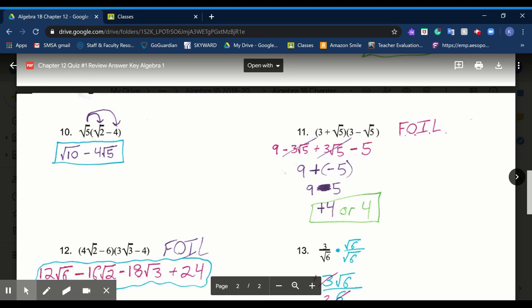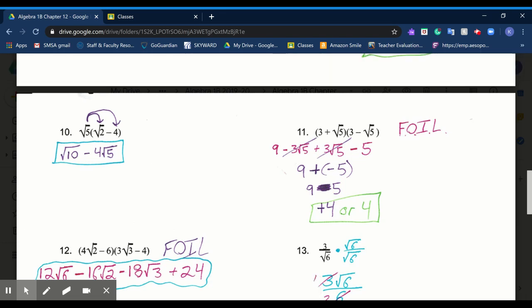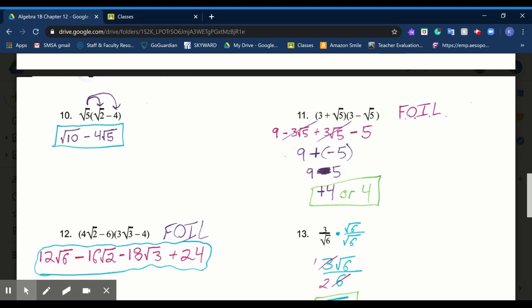So in this case, the FOIL, first, outer, inner, last, you'll see that the 2 middle terms cancel. So this problem becomes 9 plus the -5, or 9 minus 5, which gives us a final answer of a positive 4, or 4.